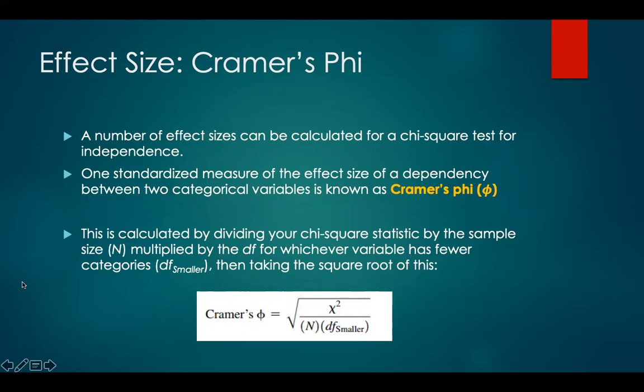Now, a number of effect sizes can be calculated for a chi-square test of independence. One standardized measure of the effect size for a dependency between two categorical variables is known as Cramer's phi. And this is calculated by dividing your chi-square test statistic by the sample size multiplied by the degrees of freedom for whichever variable has fewer categories, so the df of the smaller one, and then taking the square root of this.